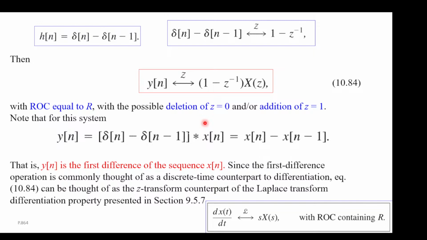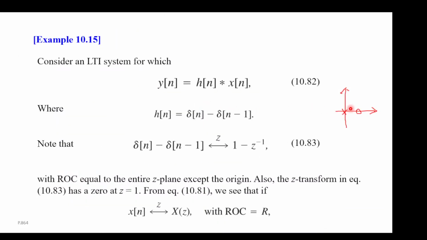So it's a bit funny. You have a pole here and a 0 here, and the logic is a bit long. The pole here might add another pole to the ROC of R at 0, and the 0 here might remove a pole. So that's about adding a pole or removing a pole.